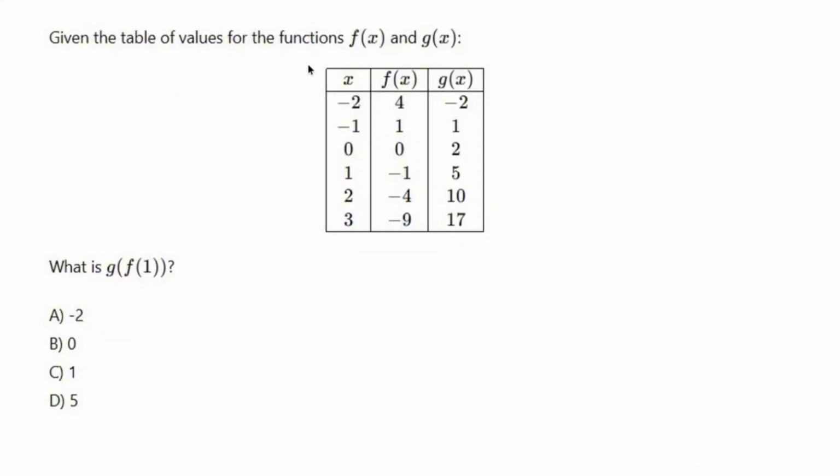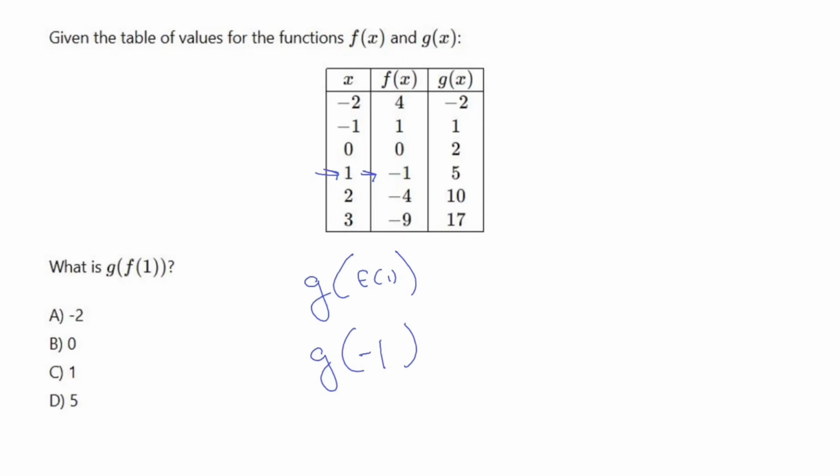Given the table of values for the functions f(x) and g(x), what is g(f(1))? Well, g(f(1)) is going to be me first finding out what f(1) is. So let's go to where x equals 1, and f(x) when x equals 1 is negative 1.